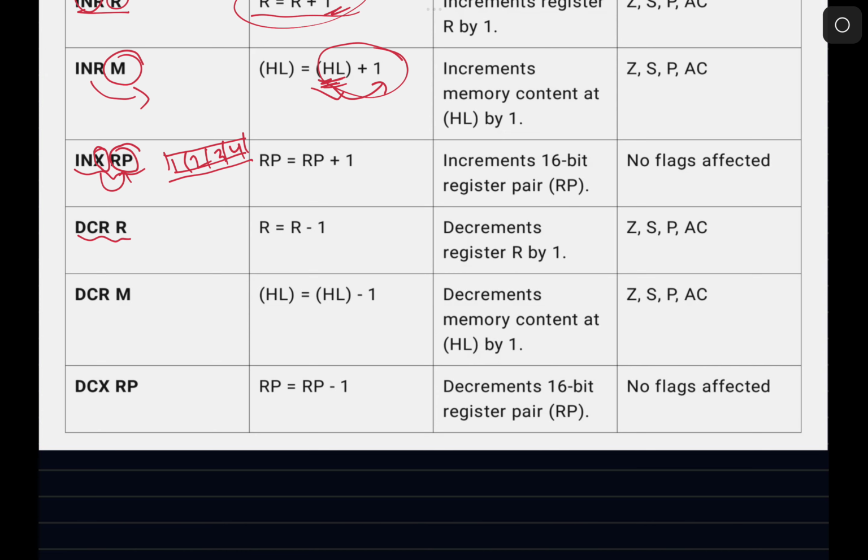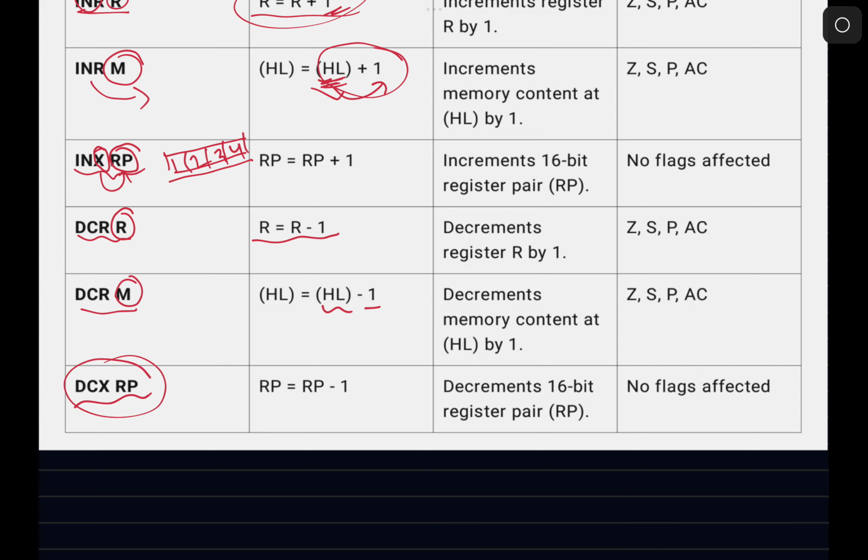Likewise, decrement, DCR R. So it should decrement the content of this register by 1. Likewise, this also will decrement the content of the memory location which is pointed by the HL pair by 1.